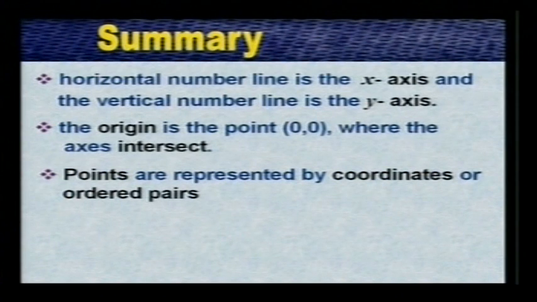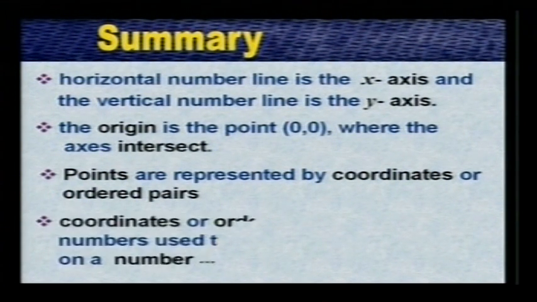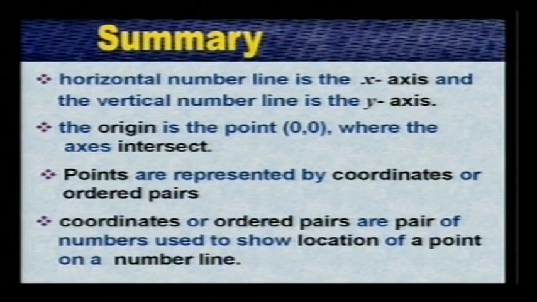Points are represented by coordinates or ordered pairs. Remember these two words, coordinates and ordered pair. In our next lesson, we will be covering these two words, okay? And remember, coordinates and ordered pairs are pairs of numbers used to show location on the number plane.